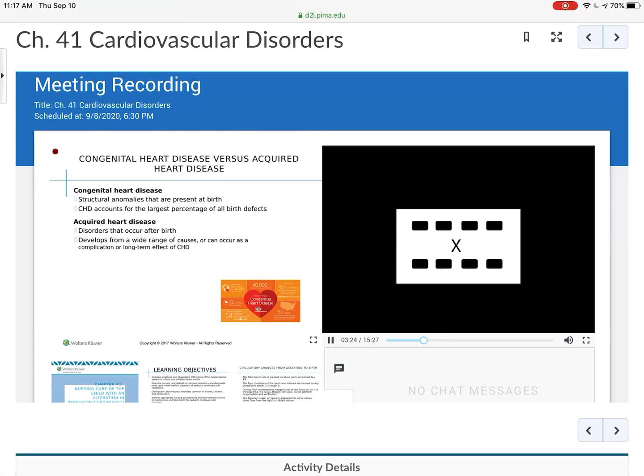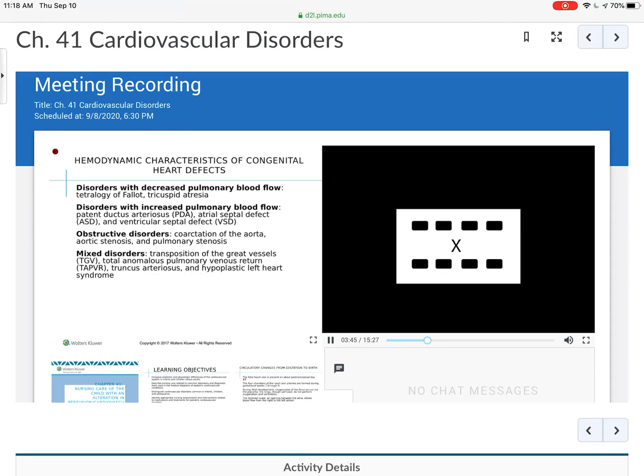Congenital heart disease accounts for a large percentage of birth defects, and acquired heart disease can come from complications of illness. We'll talk more about that in other slides.